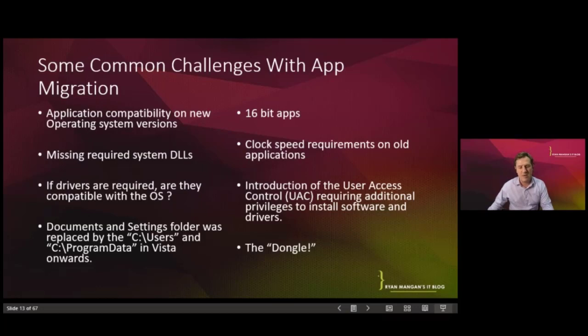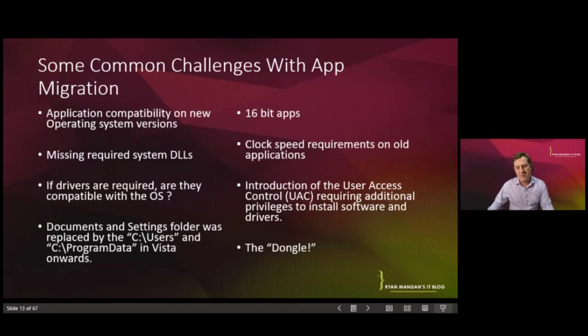And then another interesting one was, again, Windows Vista, it's like Voldemort, if you want to say it. It introduced UAC, and that altered the way applications requested permissions and drivers to install software.